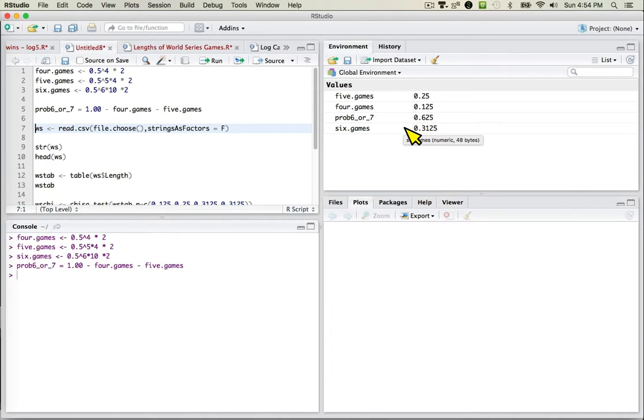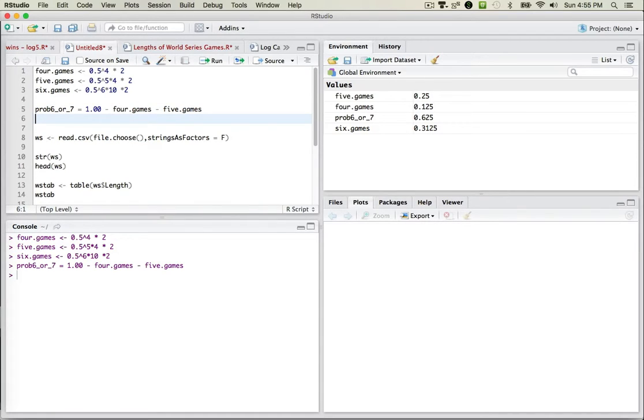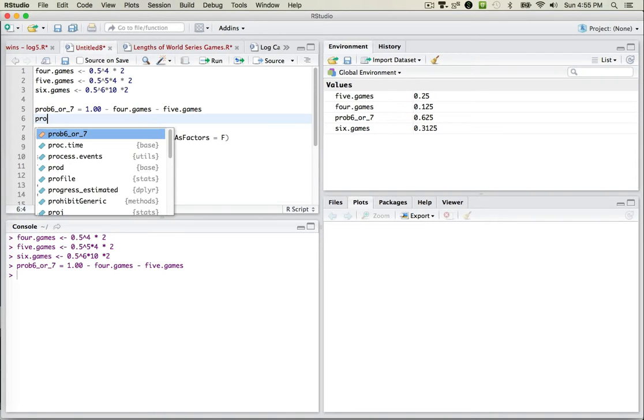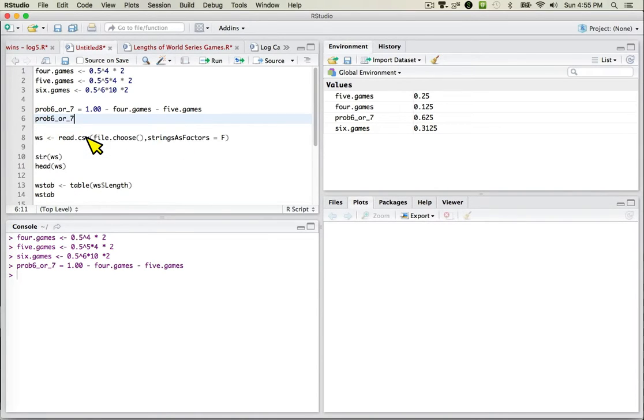Now, if a World Series gets to 3 and 2, then there's a 50% chance it's going to go 6 games, and there's a 50% chance it's going to go 7 games. So the probability of a World Series ending in 6 games should be equal to the probability of a World Series going the full 7 games. So if we take this probability of 6 or 7 and divide it by 2, then we get 31.25%, which is what we calculated directly up above.